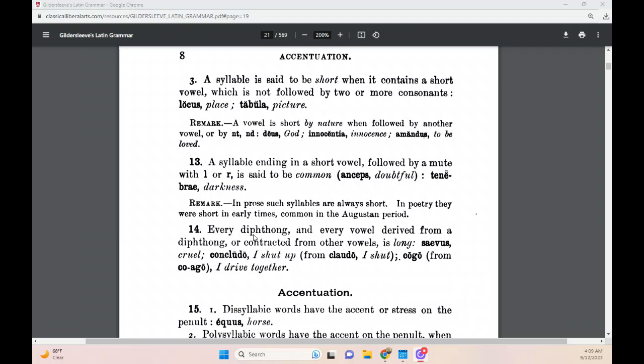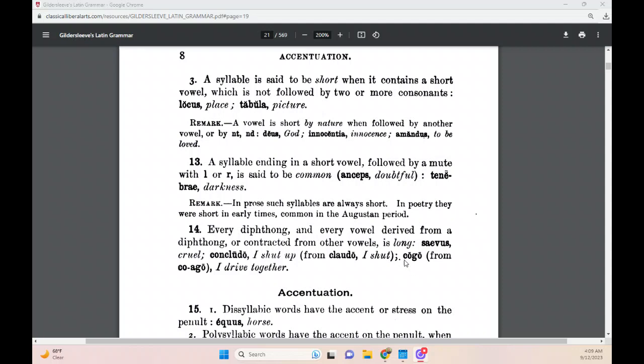So we see every diphthong is long, every vowel derived from a diphthong is long, and we read that every vowel contracted from other vowels is also long. Every vowel contracted from other vowels.